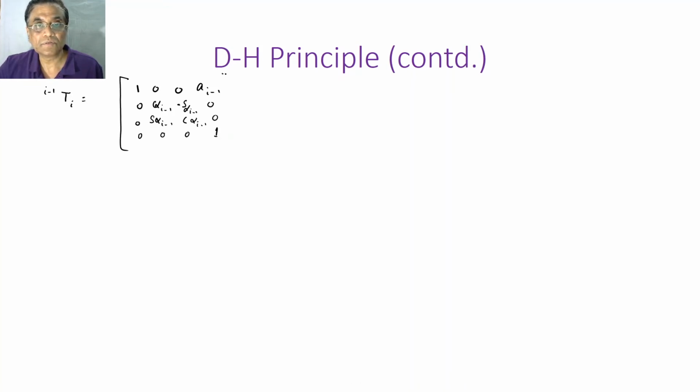So this is one matrix, and this is another one: cos theta i, minus sin theta i, a generalized representation, then sin theta i, cos theta i, 0 0, then 0 0 1 d i.